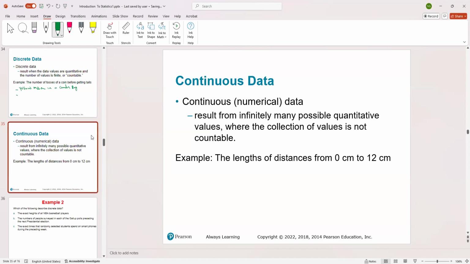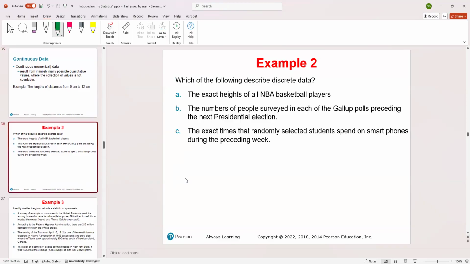Now, let's see some examples very quickly. Which of the following describe discrete data? Remember, discrete data is the possibility of obtaining whole numbers.